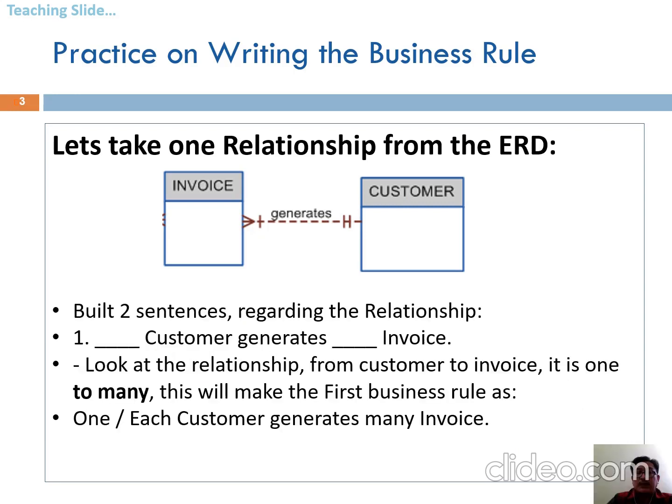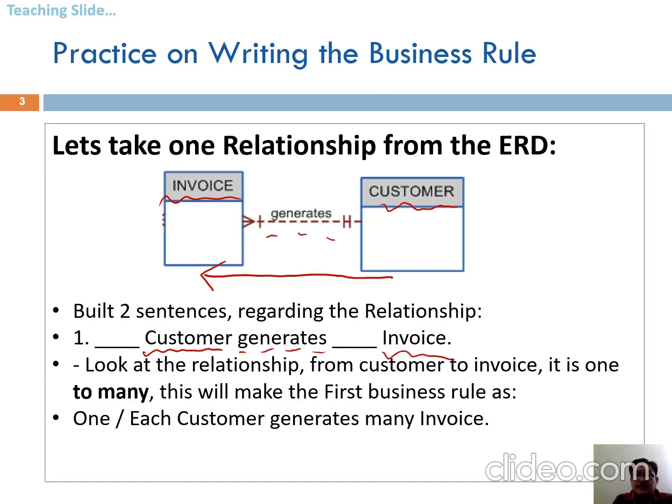After that, let's start building the business rule. Build 2 sentences regarding the relationship. The first sentence is customer to invoice. The customer is the name of the entity, then the relationship generates, then invoice.